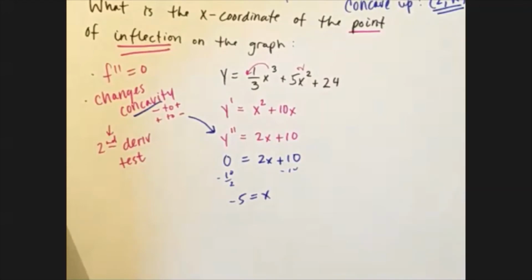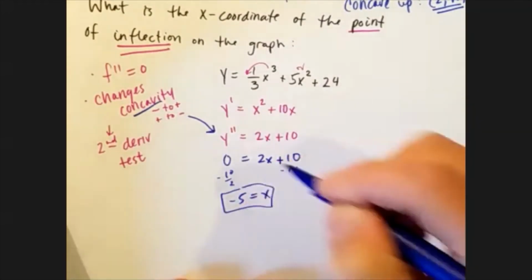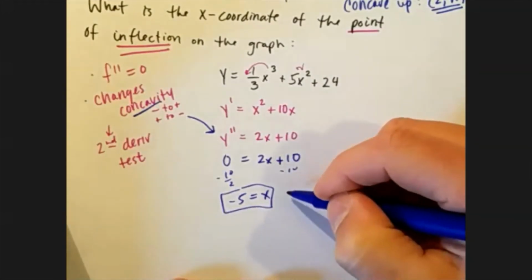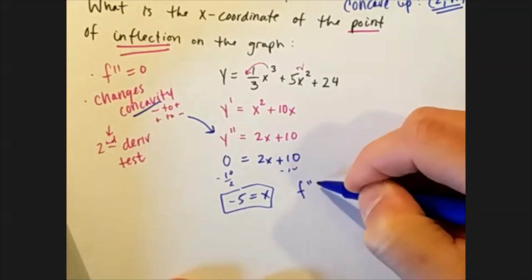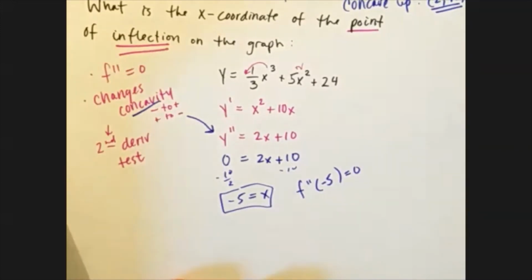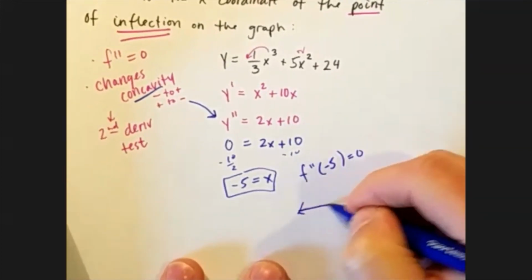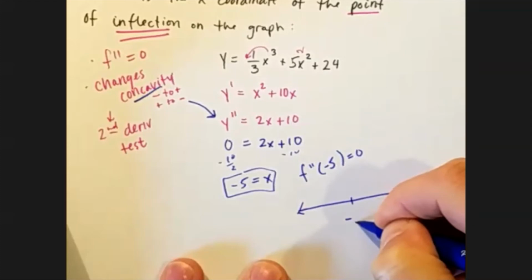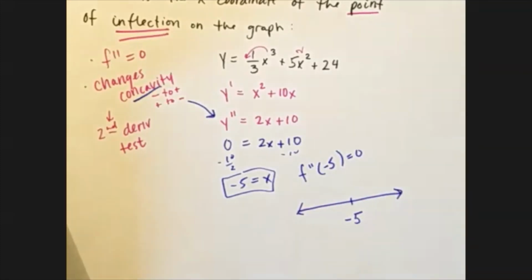Now, what we might be inclined to say is that is the inflection point, because we know f double prime of negative 5 is 0. That is one key thing. But what we also have to check is, just like before, we have to check our number line to make sure it's changing concavity.